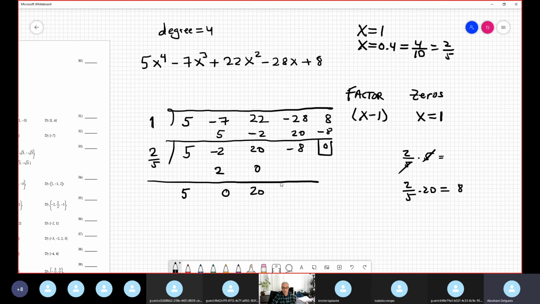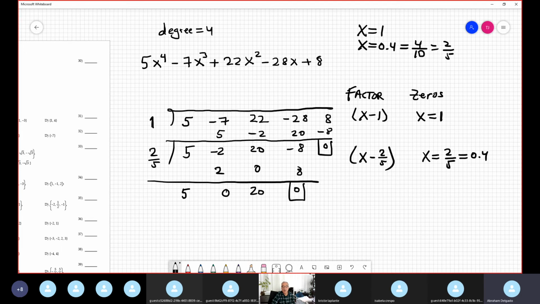It's 8. 8 again. I proved it, wow, fantastic. The factor, let me see how you write the factor, is x minus 2/5, which is 0.4. Exactly, as we saw in decimals.